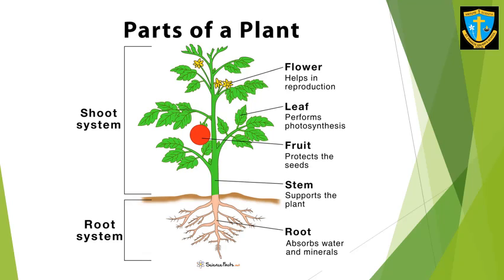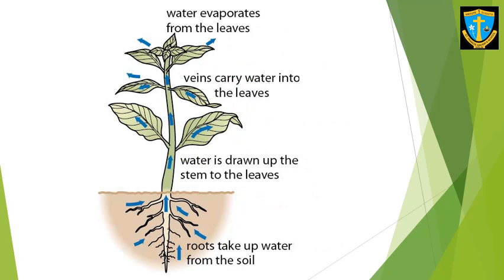In the last class we have seen the root system, and we know that roots help to absorb water and mineral salts for the plant, which thus pass it on to the stem. Now let us see the stem.